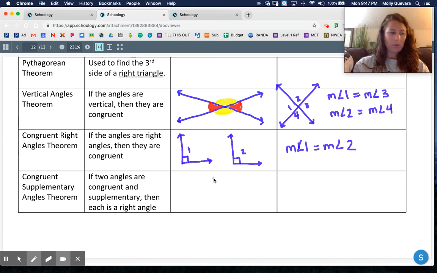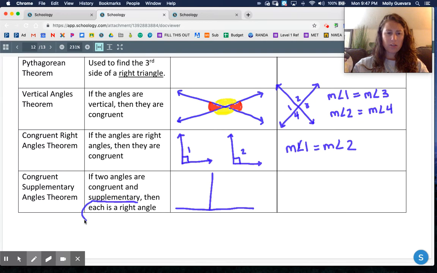And so remember that supplementary is a term that we've used in middle school, I believe. But just as a review, all it means is that two angles add to 90 degrees. Okay, so supplementary, right here.